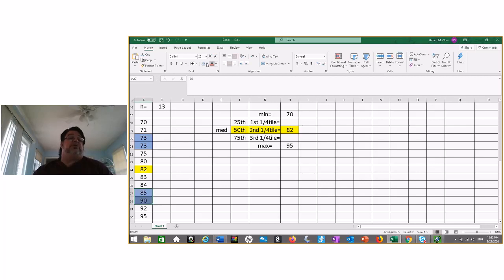Oops, I need to change that to a different color. I'll change that to greenish. So 73. It's just a coincidence that they're the same numbers, but you take the average. This number plus this number divided by 2. And that's your blue.